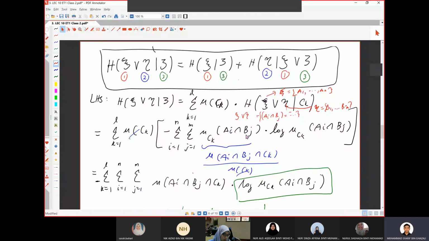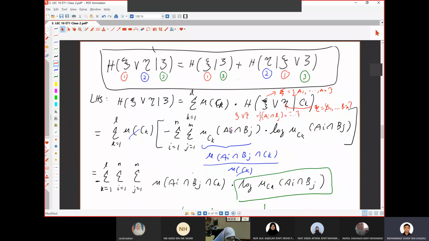Then we find A2 intersect B1, A2 intersect B2, A2 intersect B3 and so on. That is why we have two sums here. If there is only one element Ai we have one sum, but if there are two, Ai and Bj, that means we have two sums. So this is the conditional measure.